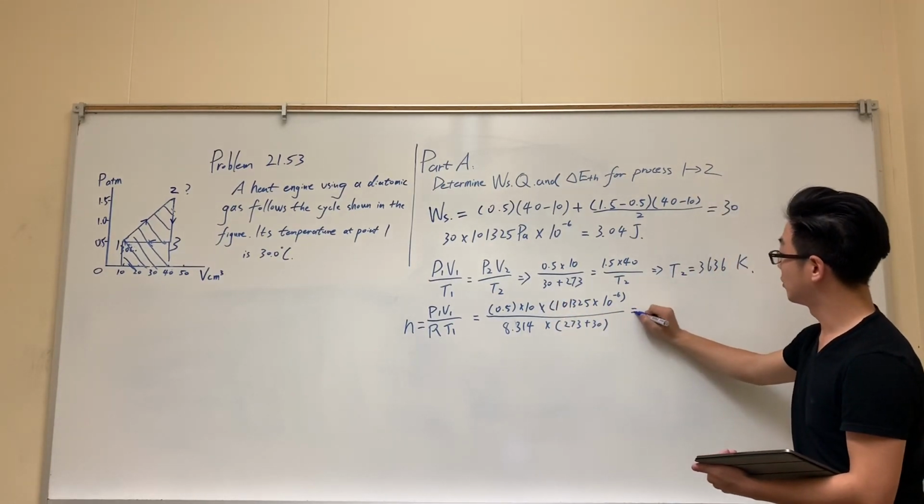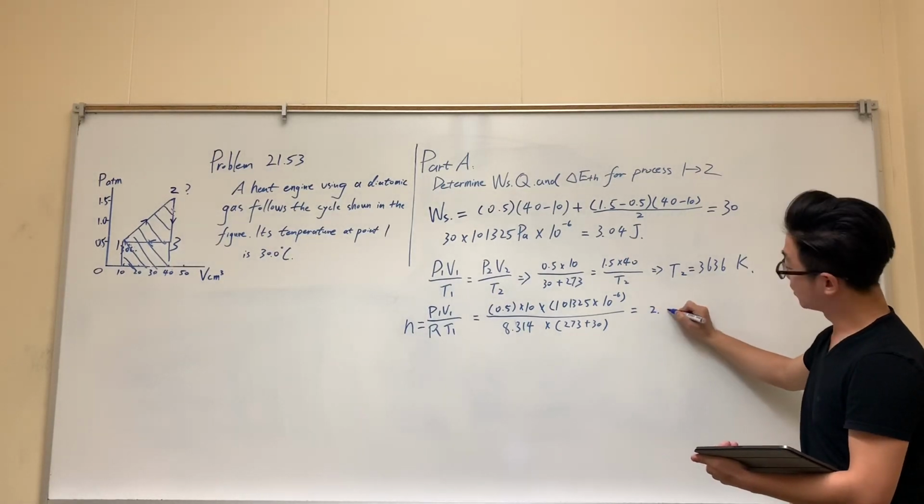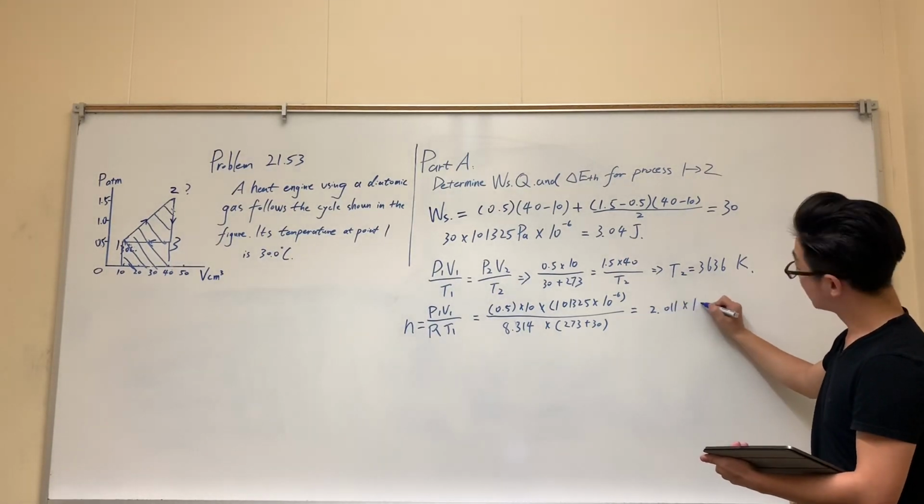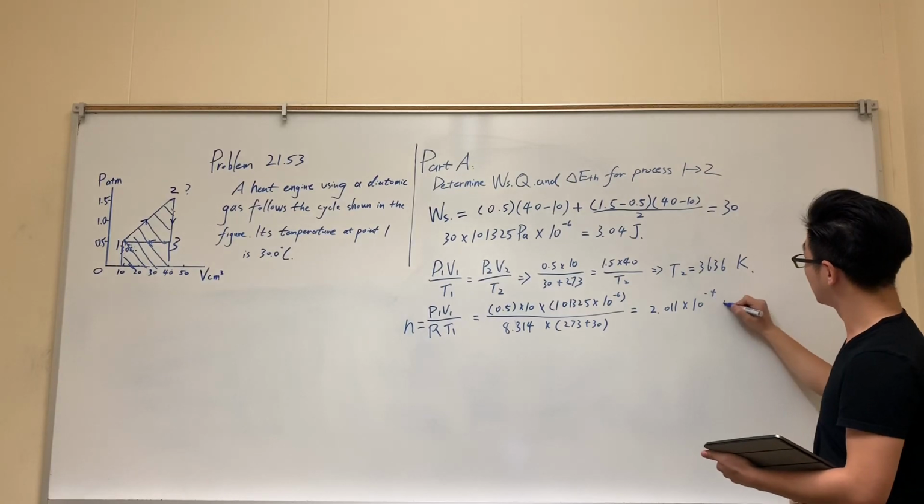So for n we get 2.011 times 10 to the negative 4 mole.